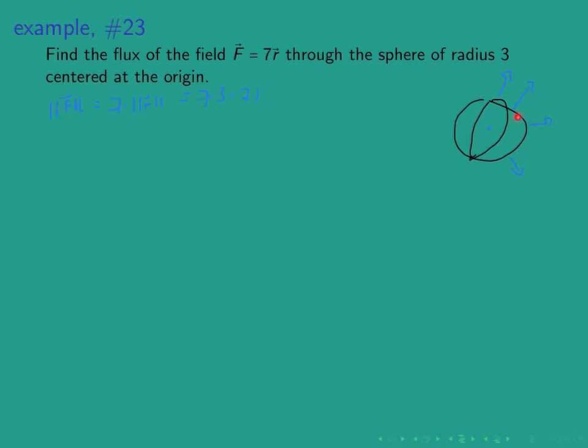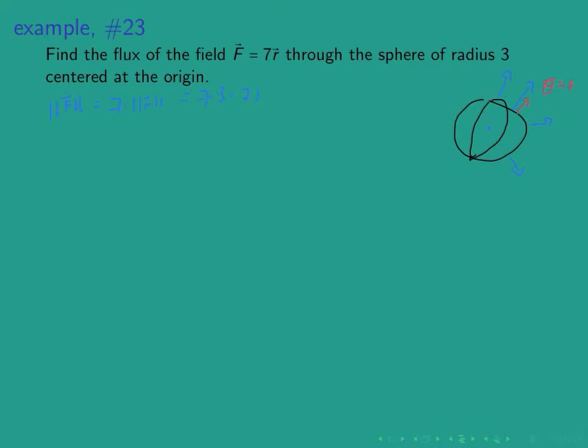The vector field is constant on this surface. Second important observation is that this vector field points radially away from the origin. And so if you think about an orientation vector or a delta A vector, the angle between the blue vector, the vector field, and the red vector, the surface area vector, that angle is 0.